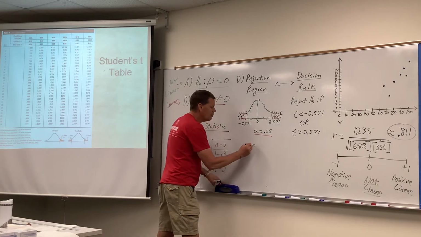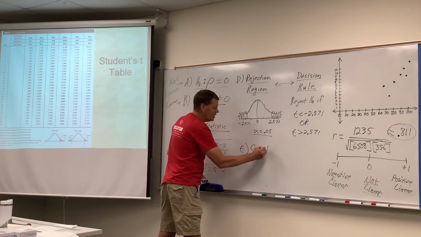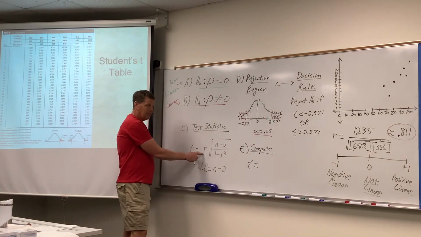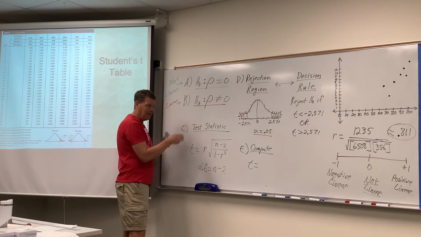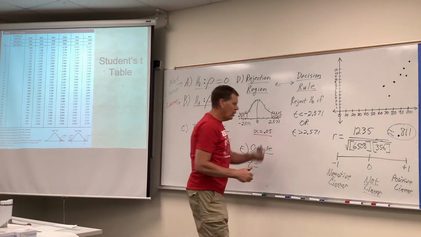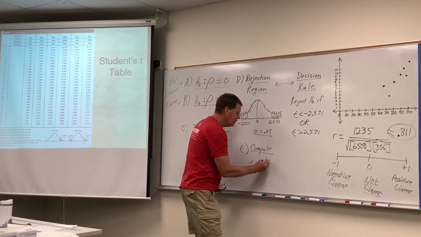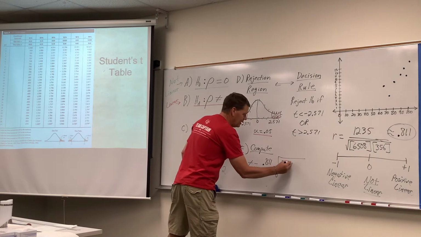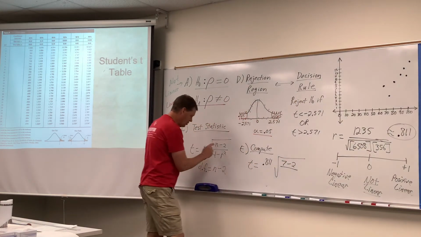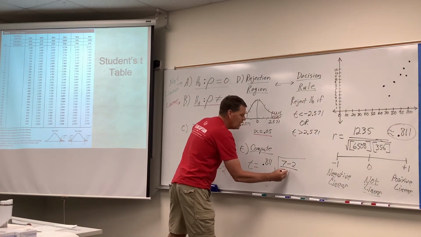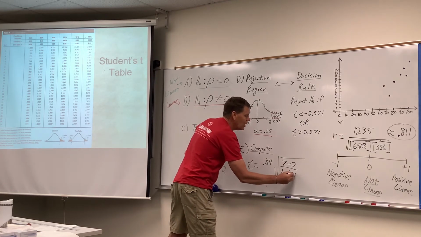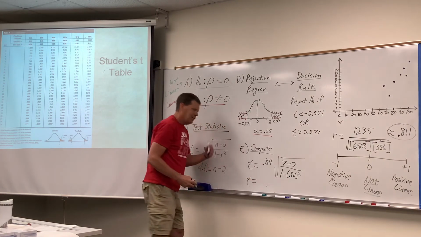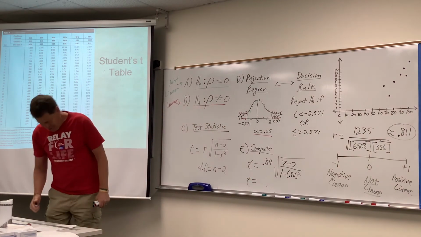E, compute. Now we stick the numbers into that test statistic. We go sample some data. That was the table we had up here a long time ago. And find the R value of 0.811. N minus 2, we sampled 7 data points, minus 2. 1 minus parentheses 0.811 squared. And this is order of operations here.